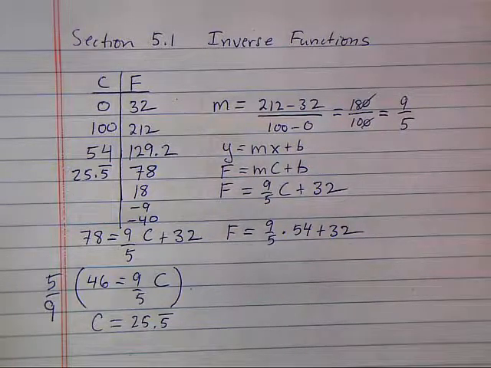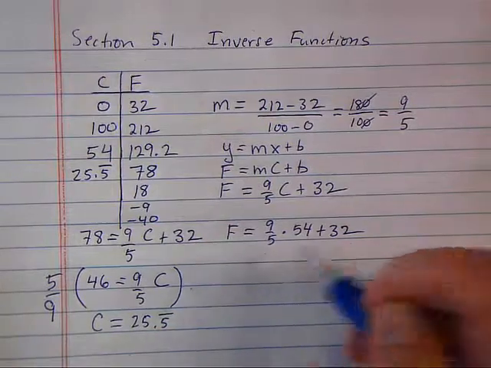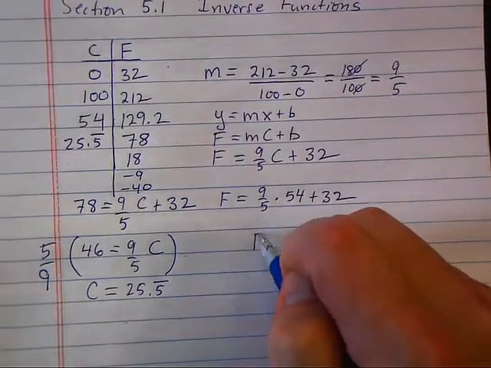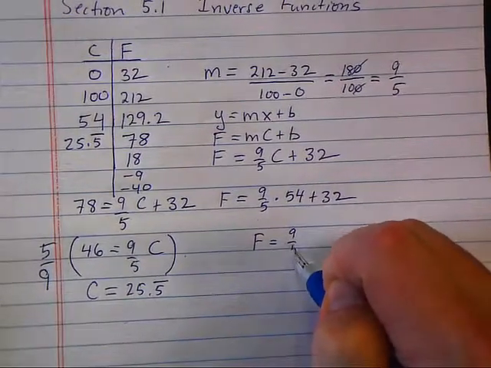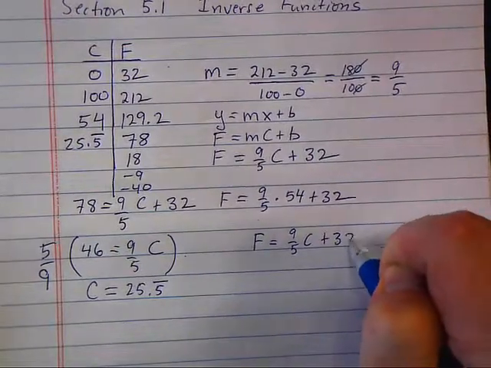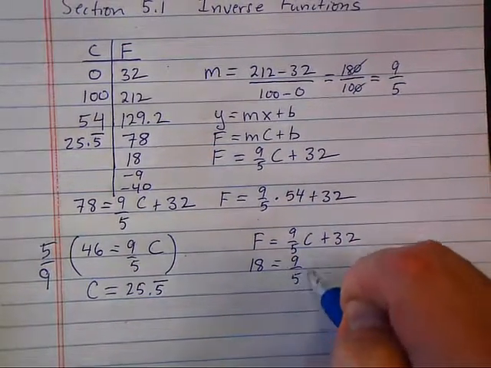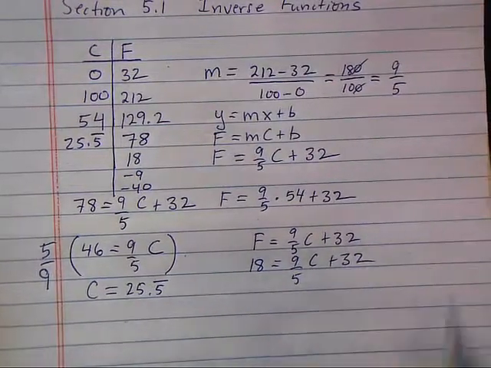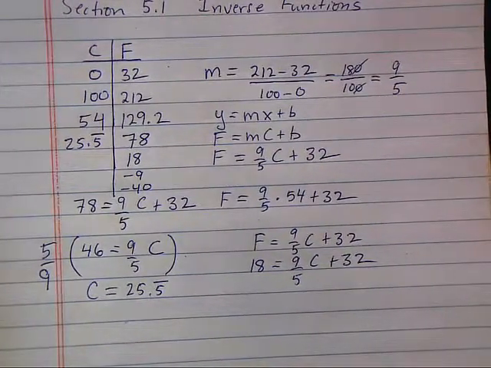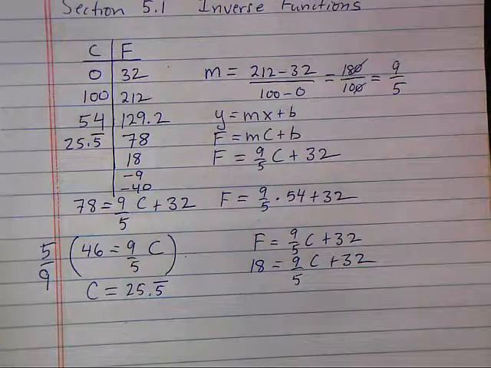Well, let's look at what happens. Again, I'm going to write down my formula. F equals 9/5 C plus 32. Let's say I plug in 18. So I could have 18 equals 9/5 C plus 32. What do you need to do? How do you solve for C?